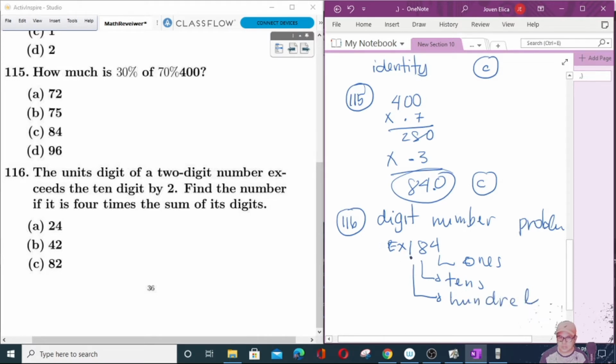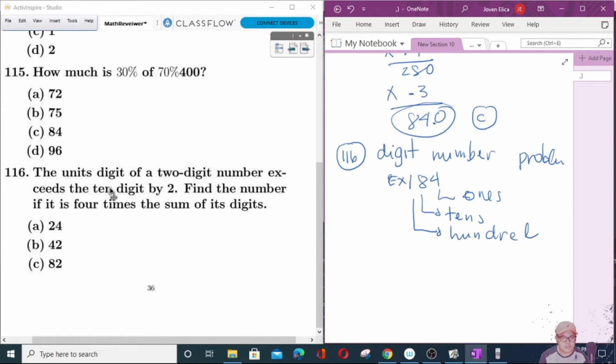We need to recall this because this is about the unit digit of a two-digit number.